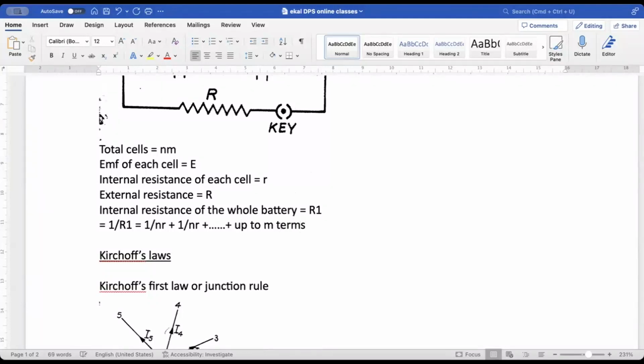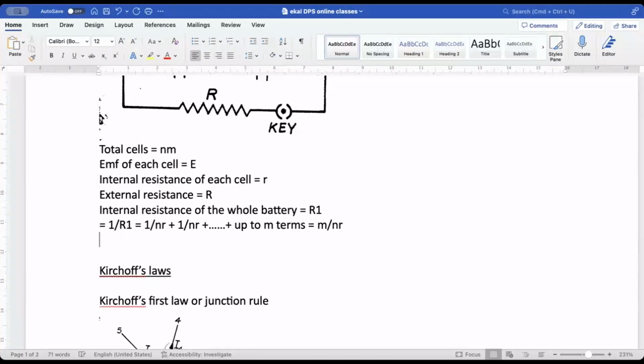So total is m times 1 by nr, or we get R1, the total internal resistance, equal to nr by m.